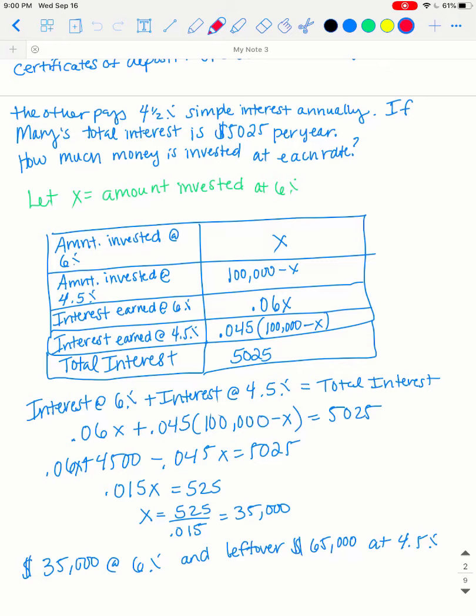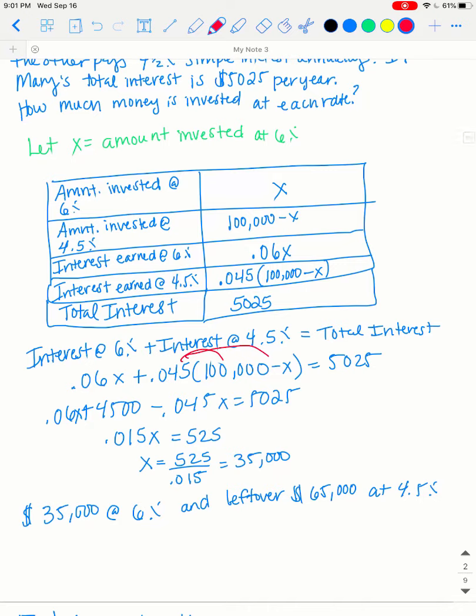So our interest at 6% plus our interest at 4.5% is equal to our total interest. We're going to take the values from the table and plug them in, adding the 2 and setting it equal to the total interest. Here we distribute our 0.045 to both, and then we're going to solve for X.